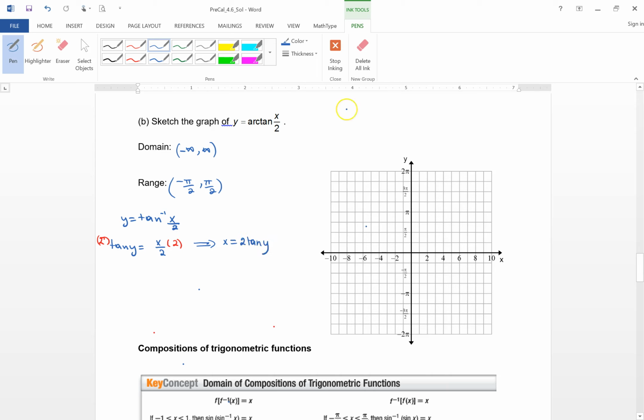Do you guys mind if I write that here? Okay? Because I want to use the space for the chart. I should have thought ahead before. All right. So now I have my x and y. And here I want to pick the same values, negative pi over 2 to pi over 2.